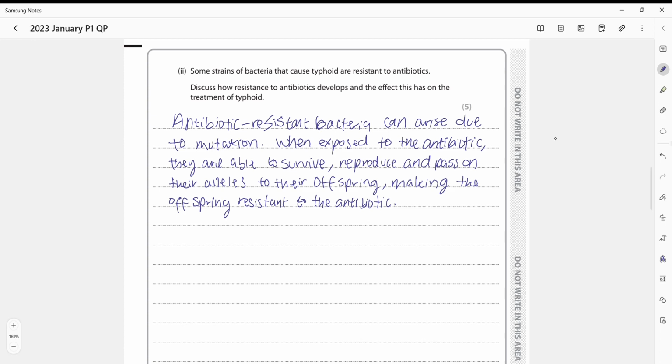Okay, and it also asks for how this would have an effect on the treatment of typhoid. Well, if you have a lot of these bacteria that are more resistant, you would end up having more serious infections. This could lead to more serious cases of infection.